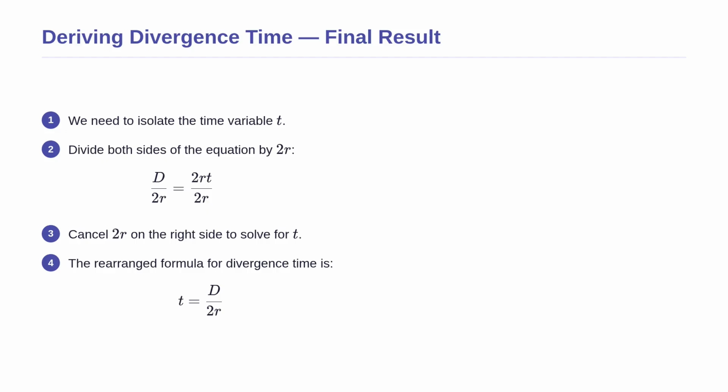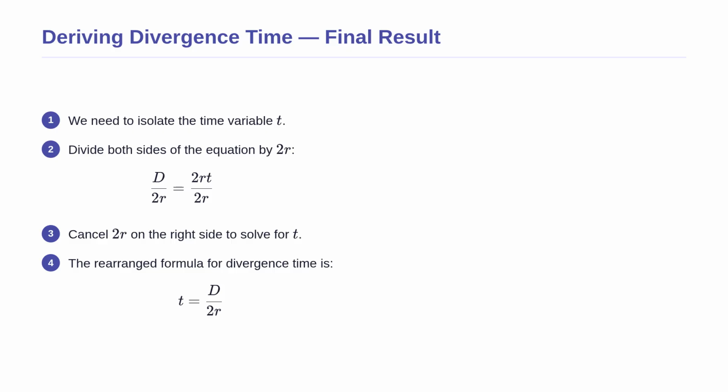Now that we understand the setup, let us isolate the time variable T, since time is the unknown historical factor we usually want to discover. To do this, we divide both sides of our equation by the combined mutation rate of both lineages, which is 2R. The 2R cancels out on the right side, leaving T completely by itself.